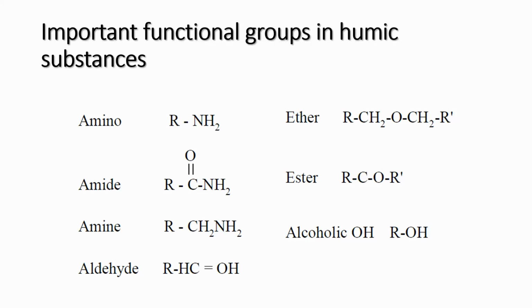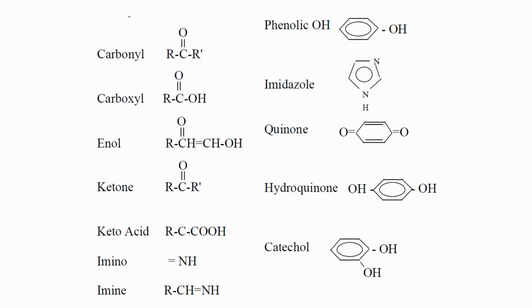Amino, amides, amine, aldehyde and ester are very important for proteins, ketones. Another group is carbonyl, carboxyl, enol, ketone, ketoacid, amino, amine, phenolics, imidazole, quinone, hydroquinone, and catechol.